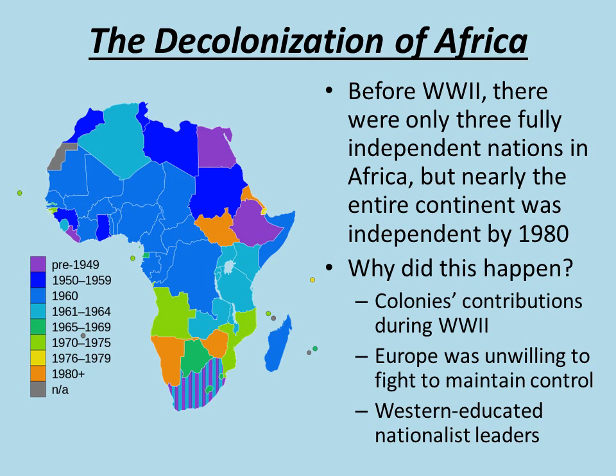So first we're going to talk a little bit about the decolonization of Africa. Before World War II, there were only 3 completely independent nations in Africa that are noted on this map in purple. One is Egypt in the upper right, which was given independence in 1920. Ethiopia, in East Africa, has been independent back to prehistoric times.